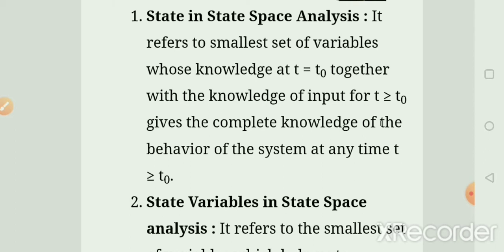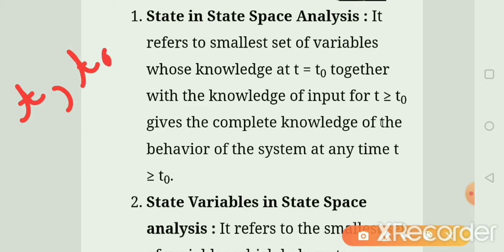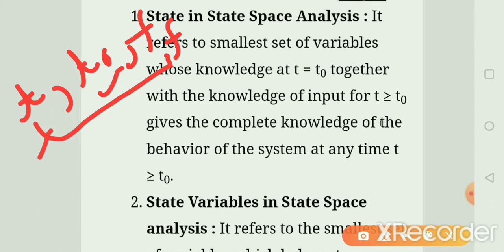It means we have a present time t, an initial time t0 and a final time tf. So we have three types of time: t, t0 and tf.